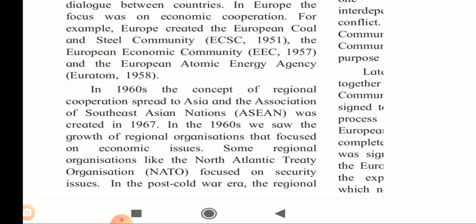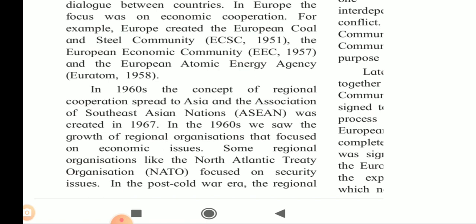In the 1960s, we saw the growth of regional organizations like the North Atlantic Treaty Organization (NATO), focused on security issues.